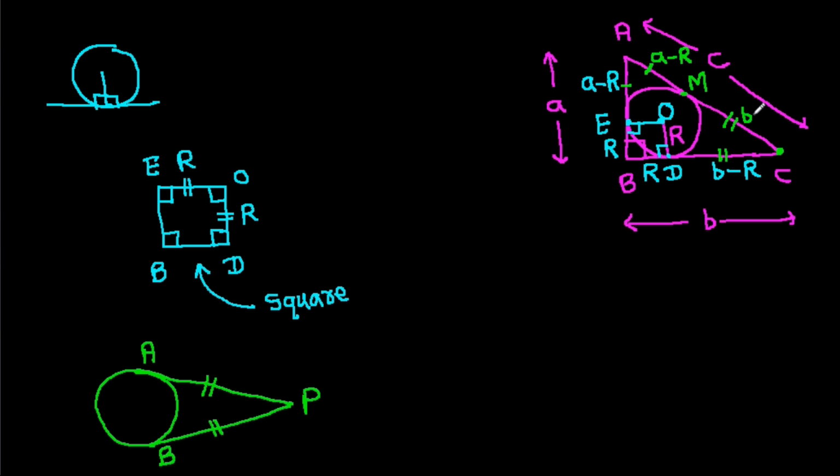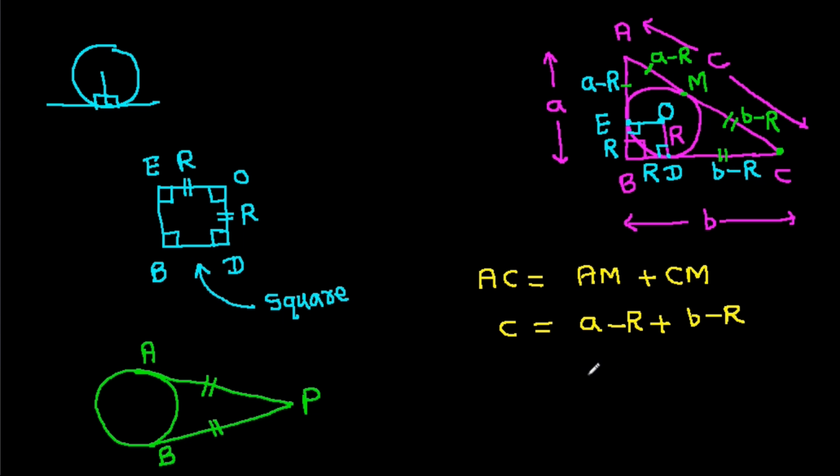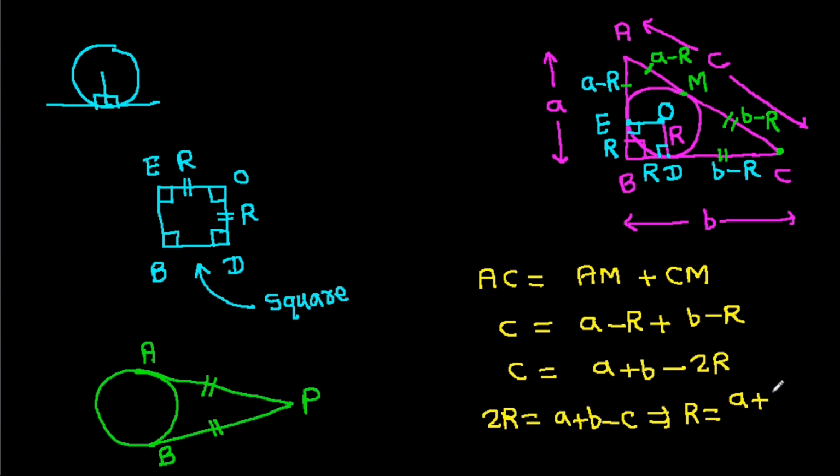So CM will be b minus R. And we have AC is AM plus CM, and AC is c, so c is equal to a minus R plus b minus R. So c is a plus b minus 2R, and 2R is a plus b minus c. So R will be (a plus b minus c) over 2.